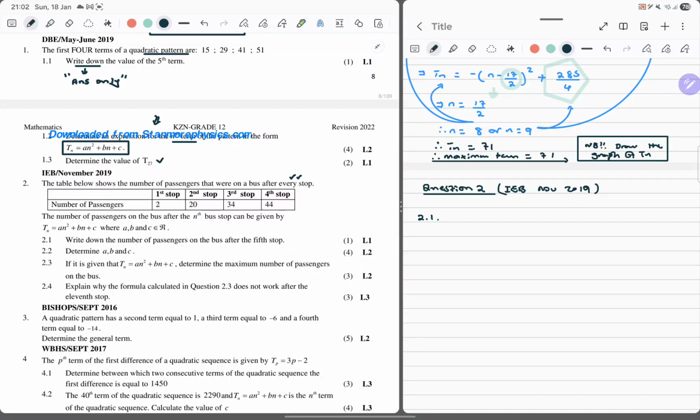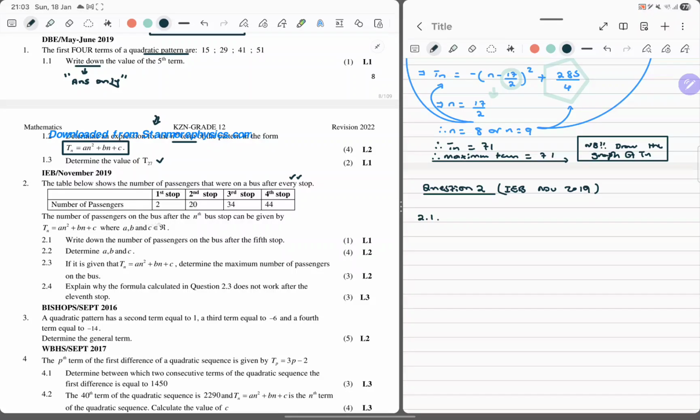On the first stop we've got 2, on the second we've got 20, on the third we've got 34, on the fourth we've got 44. So obviously we can see that the number is increasing. So people are getting on the bus rather than getting off the bus.